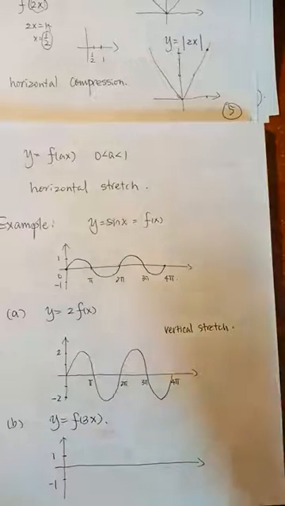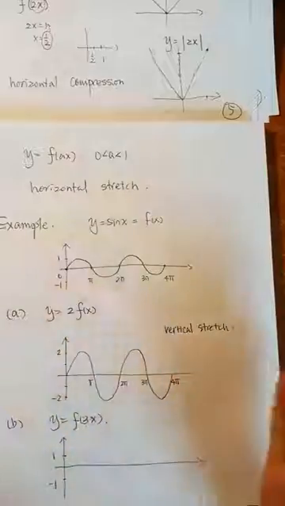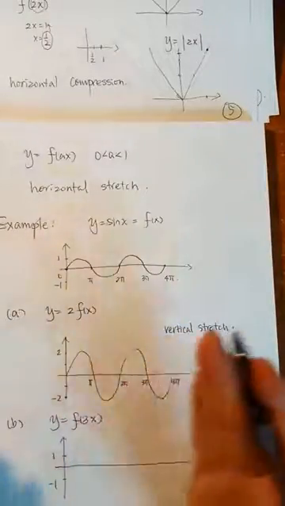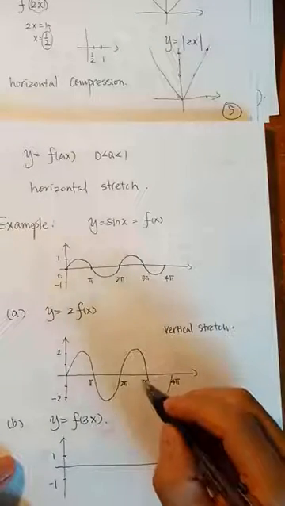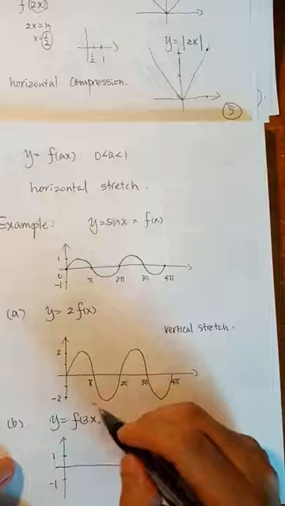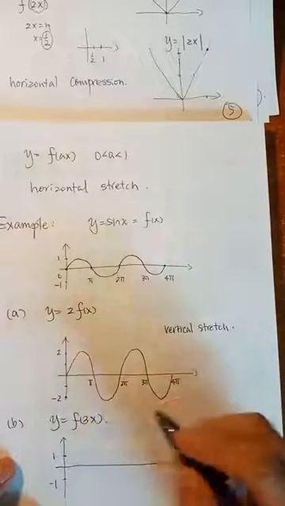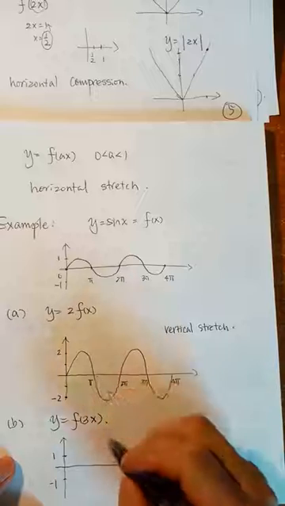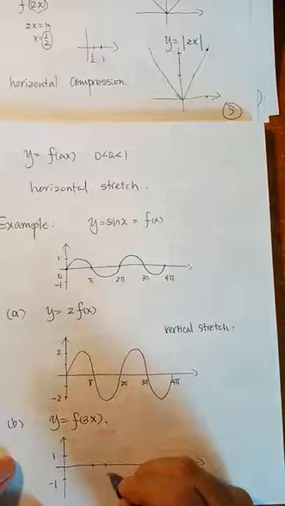And you compress it, because here the 3 is greater than 1. You compress it along the x direction. So pi becomes pi over 3, 2 pi becomes 2 pi over 3, and 4 pi becomes 4 pi over 3. This is pi, and 4 pi over 3 is here.